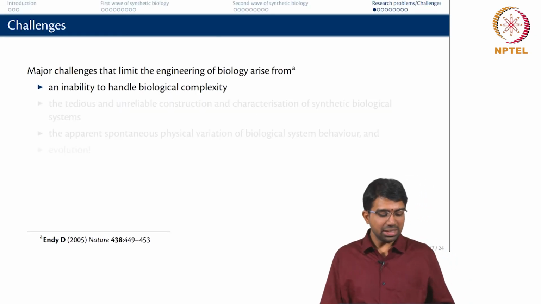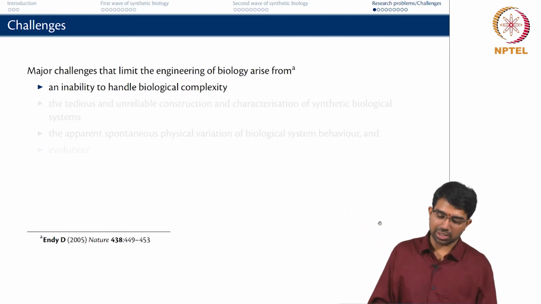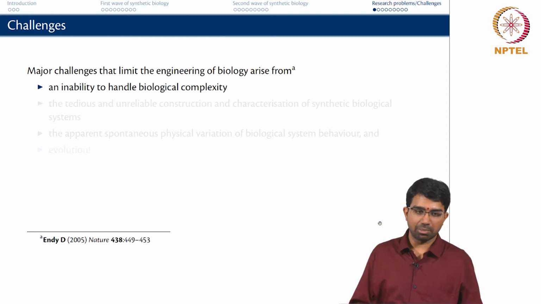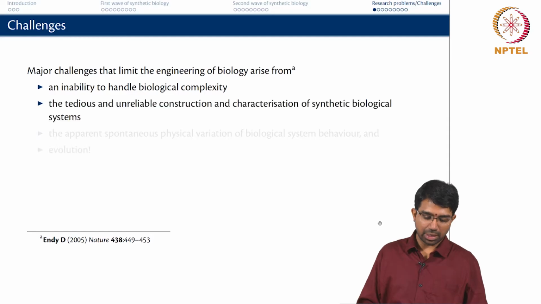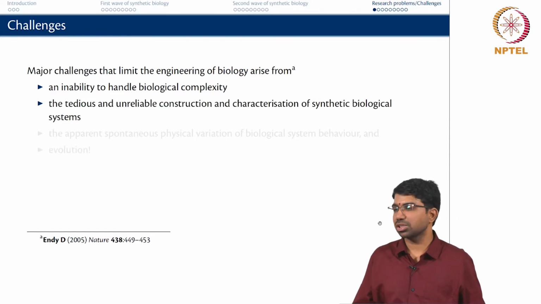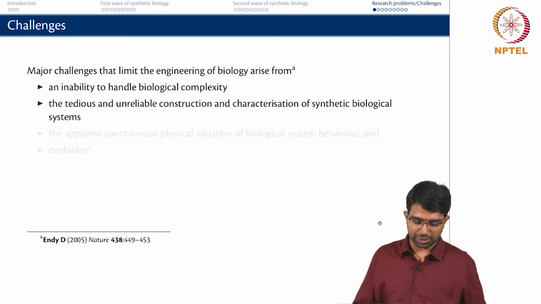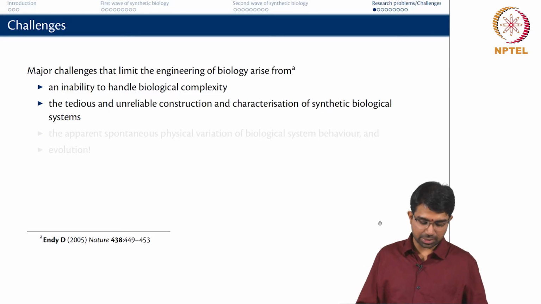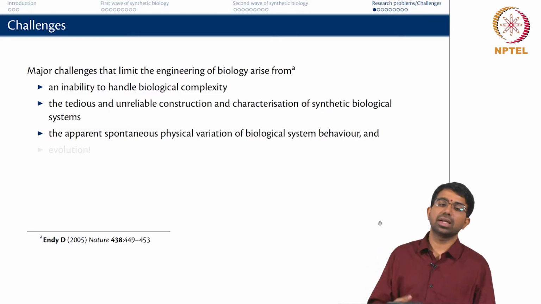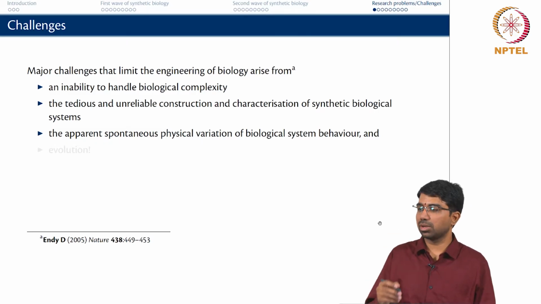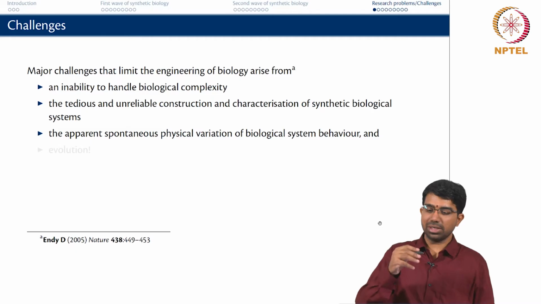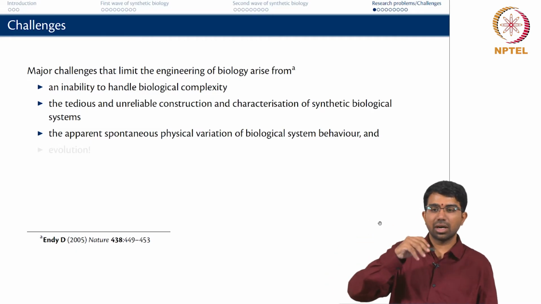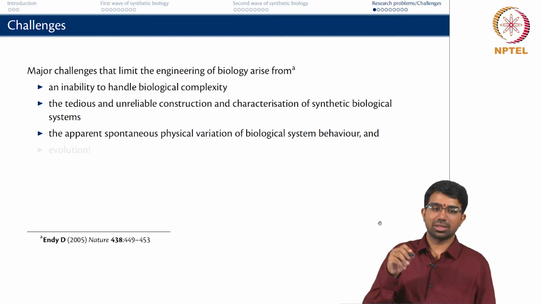So, the major challenges that limit engineering of biology arise from complexity, which is very difficult to handle, and the characterization of the systems is still insufficient, even for synthetic systems, and there is so much inherent heterogeneity. If you look at even a single gene in a population, that gene will have a distribution of expression, not just a nice spike.